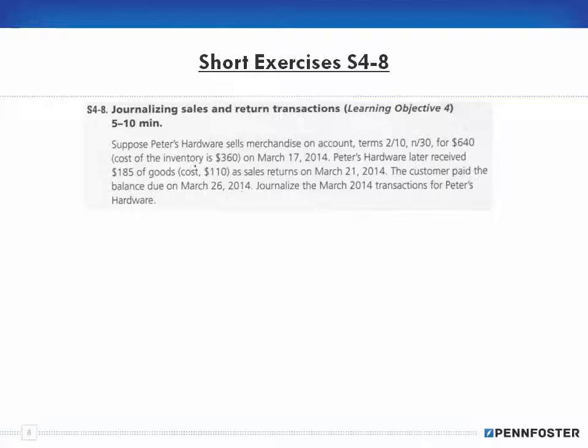So this problem says, suppose Peters Hardware sells merchandise on account with terms for $640 and the cost is $360 on March 17th. And then later, Peters received $185 of goods with a cost of $110 as a return on March 21st.